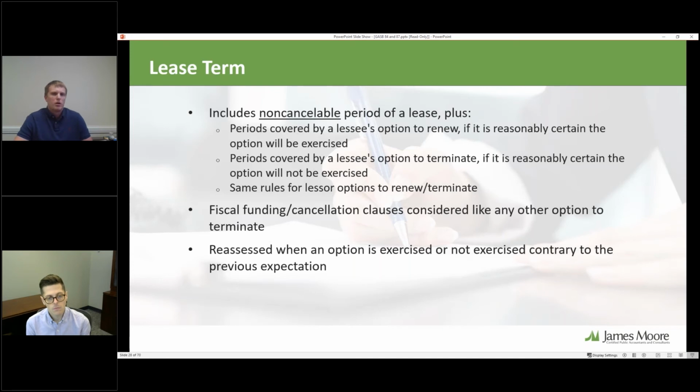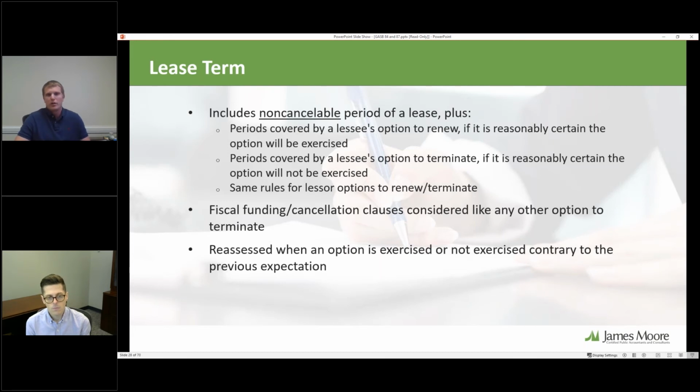Down at the bottom, we're going to reassess when an option is exercised or not exercised, contrary to what the previous expectation was. An example of this: let's say at the inception of a lease, the lessee was reasonably certain that the lessee's option to renew was going to be exercised.